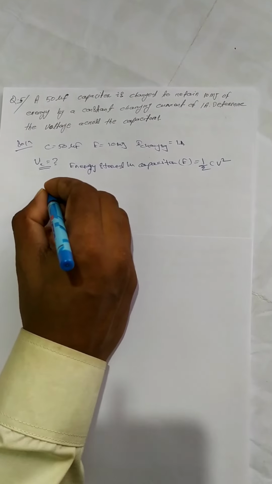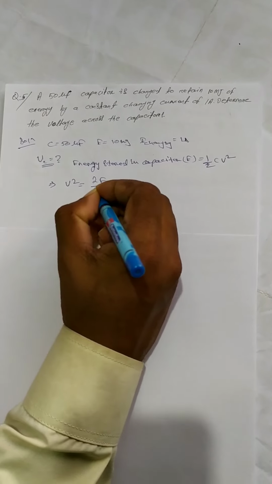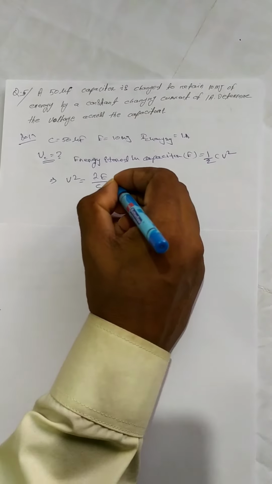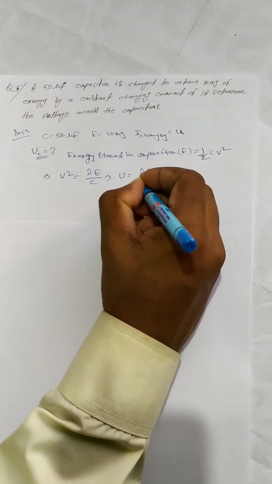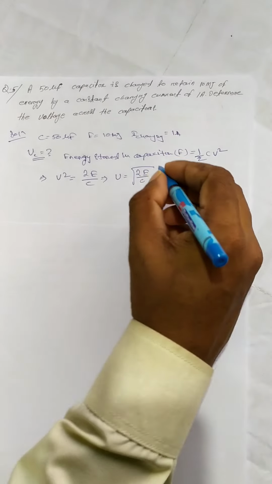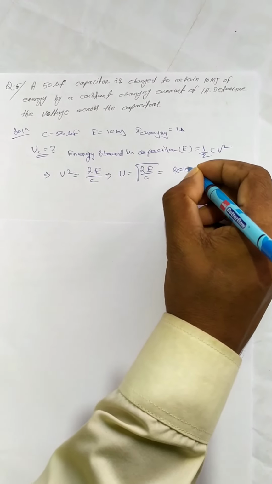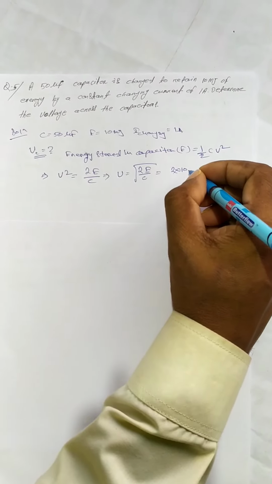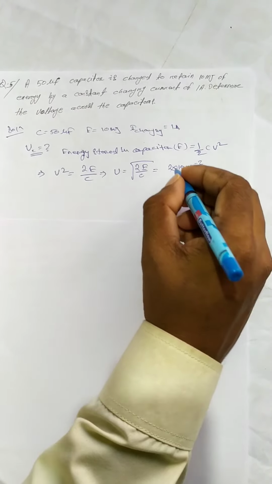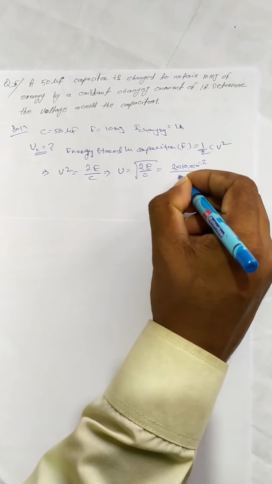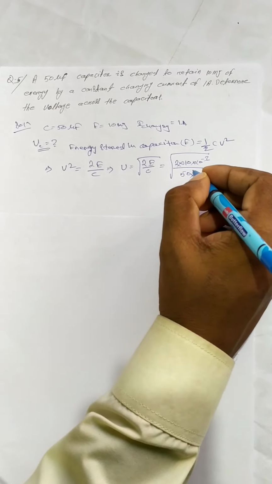Okay, from this equation V square we can write 2E by C, which simply can write V equal to root over 2E by C. Putting the value of this, 2, the value of E is 10 into 10 to the power minus 3, 10 millijoule, divided by C. The value of C is 50 into 10 to the power minus 6, root over of this.